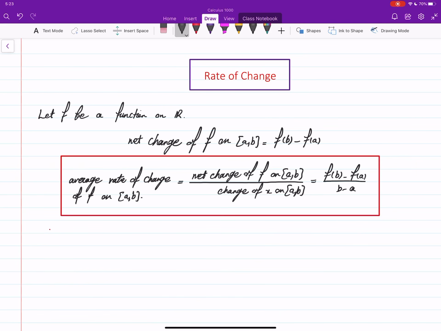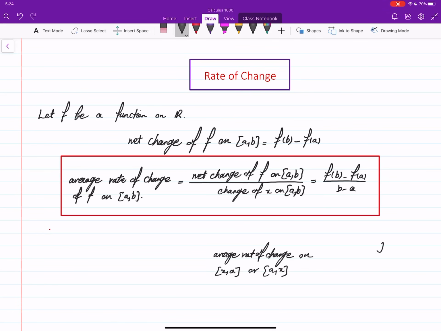But sometimes you don't want to consider the time interval. You just want to see how the price of a house or temperature in this room changes, with what rate the temperature of this room changes at this specific point. That's where we use average rate of change on an interval which is very close to that point, let's say x to a or a to x.